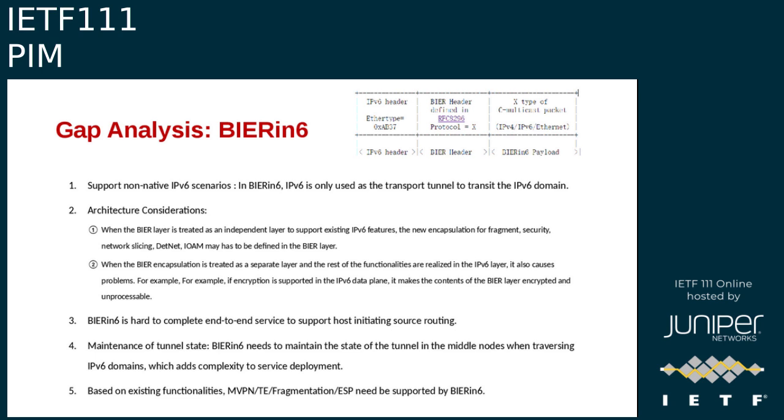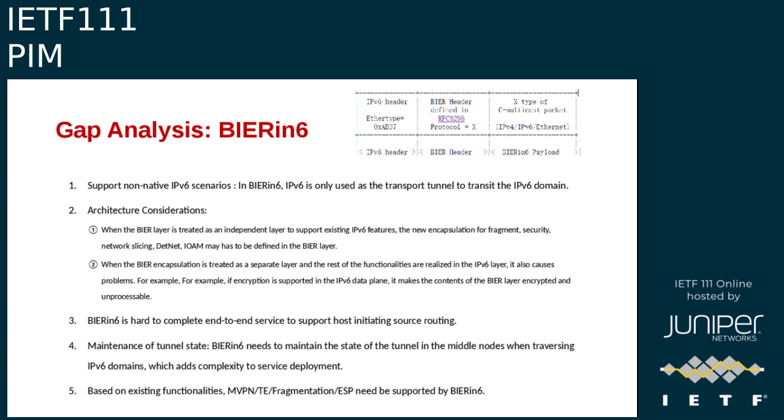The third, as introduced by Weiqiang, is IPv6 multicast source routing at the host. If BIERin6 is used for source routing on the host side, the BIER layer will have a conflict with the transport layer, including TCP and UDP.